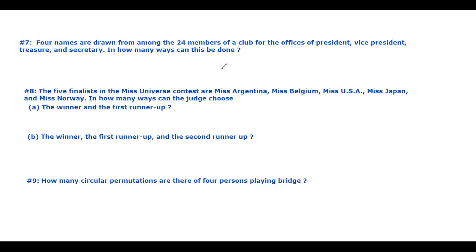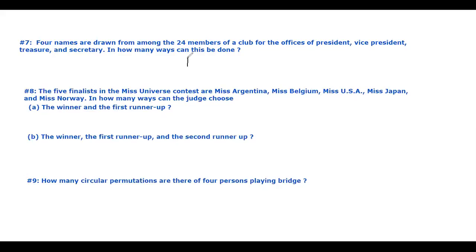And we want to see how many ways this can be done, right? For this one, we know this is a permutation problem. The reason why is, when you choose the 4 people, they have different jobs, right? Maybe the first one you choose is the president, the second one vice president, the third one treasurer, right? So we do care about the order.